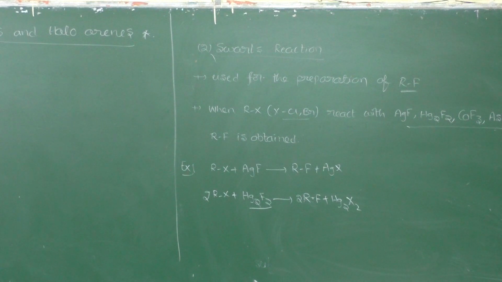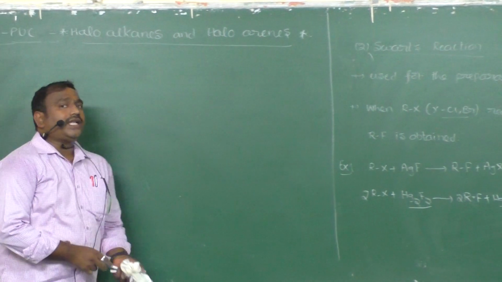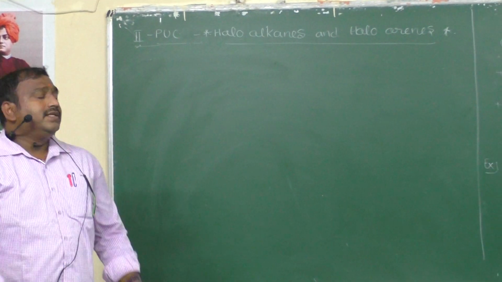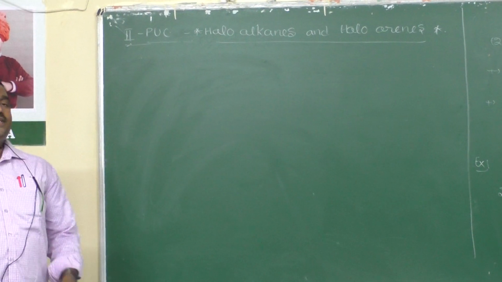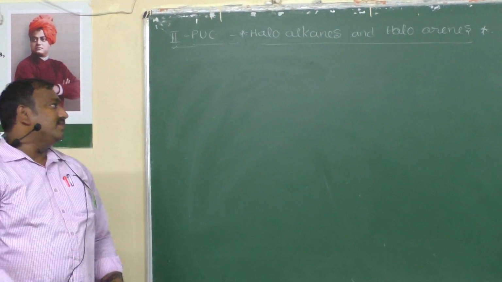The Swarts reaction is mainly used for the preparation of fluoroalkanes. When an alkyl halide reacts with fluorine compounds like AgF, Hg2F2, CoF3, SbF3, AsF3, then alkyl fluoride is obtained.